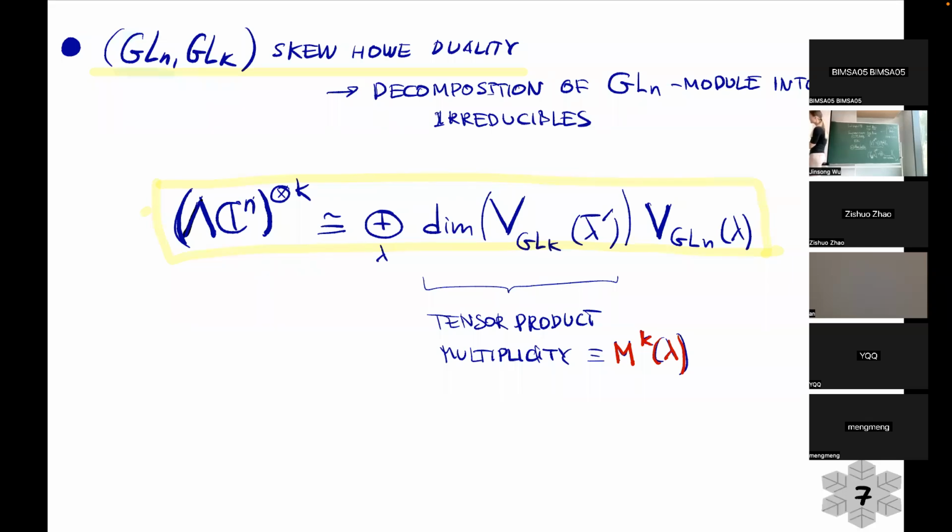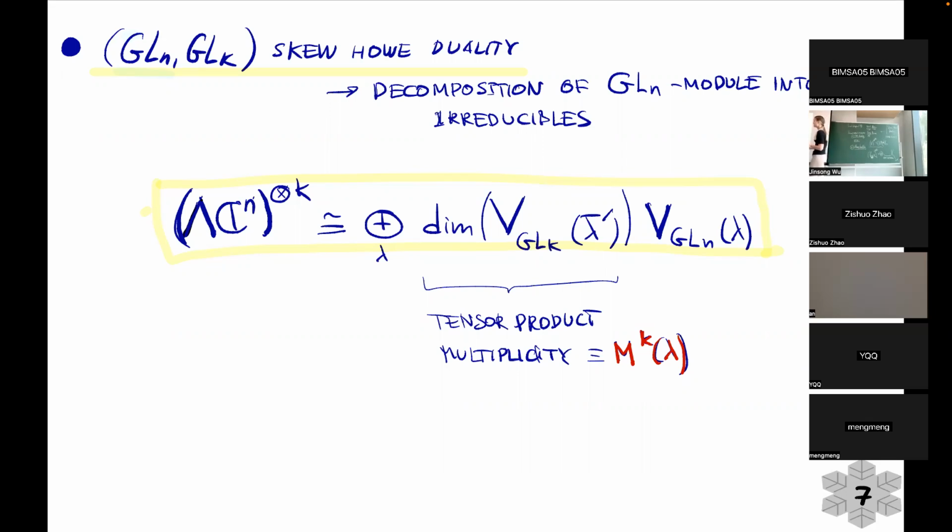We take the exterior algebra of the vector representation of GL_n. Okay, this is a GL_n module. Then we take its tensor power, which is a GL_n module, and we decompose it into irreducibles with the following multiplicities.